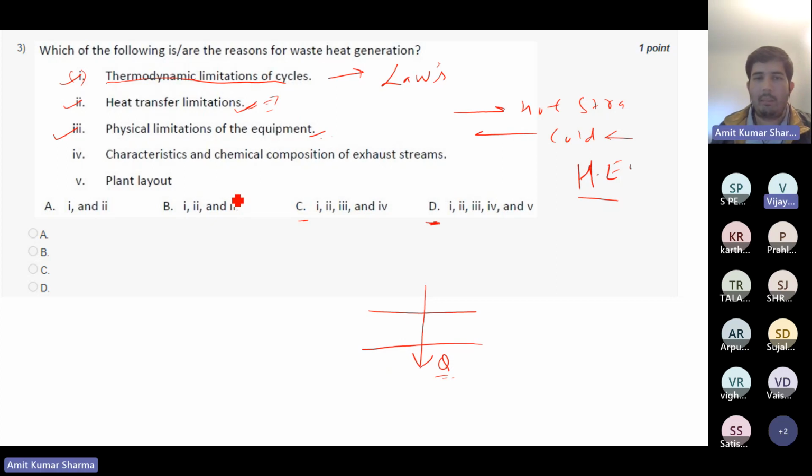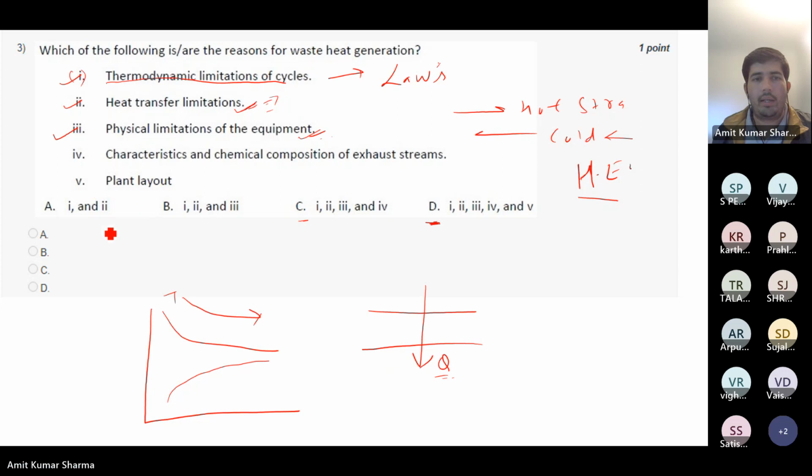So if we are discussing the equipment, then one person said correct, yes, we have physical limitation of the equipment. Suppose we have a parallel flow heat exchanger. This one is your hot stream, and this one is your cold stream. Here the temperature is decreasing and here the temperature is increasing.